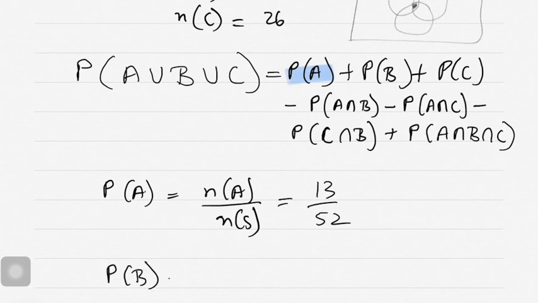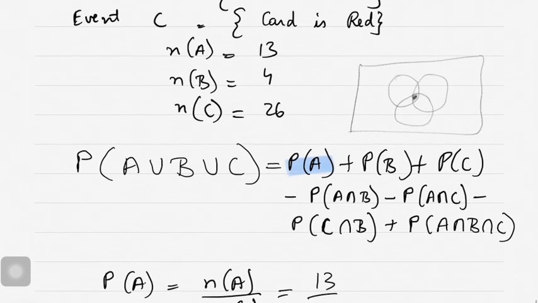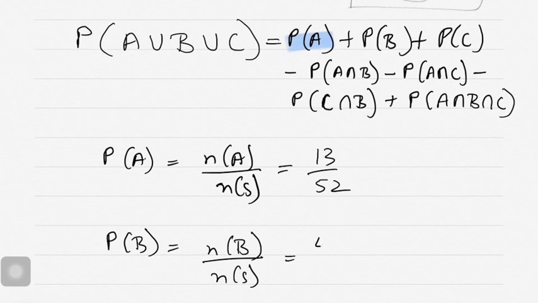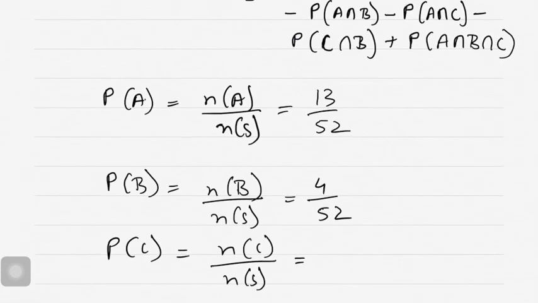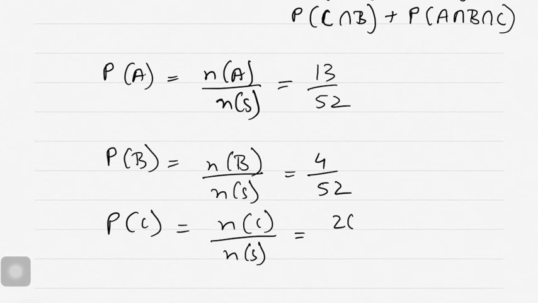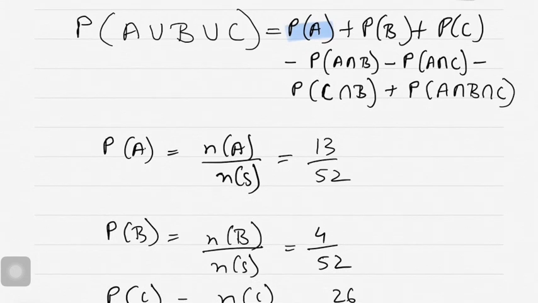Then P of B will be N of B divided by N of S. N of B is 4, so 4 divided by 52. Similarly, P of C is N of C divided by N of S, which is 26 divided by 52.